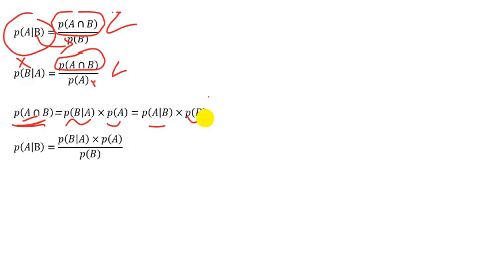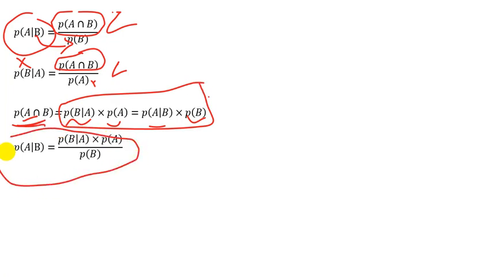So we can conclude that those two terms are equal. And from here we can get this nice formula, which means P(A given B) equals P(B given A) times P(A) divided by P(B), and that's what we call the Bayes theorem. It is very important and very useful in probabilities.